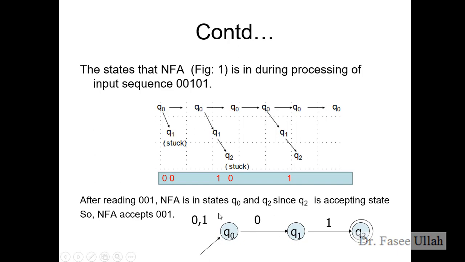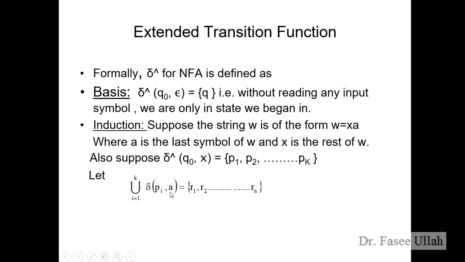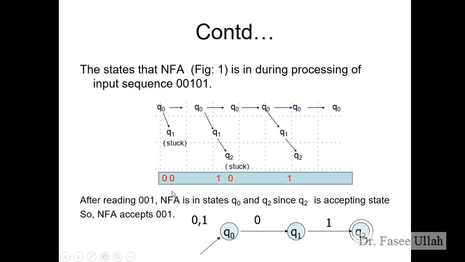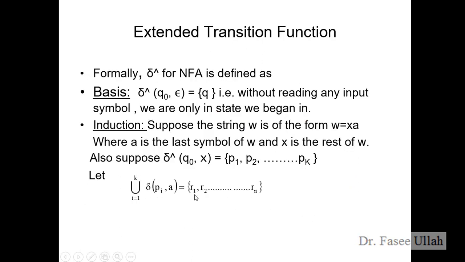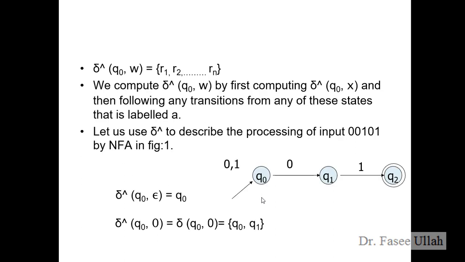So these are represented by the P value, right? Then we have A, this value over here. After that, we have equal to n, so that takes us to the final state.